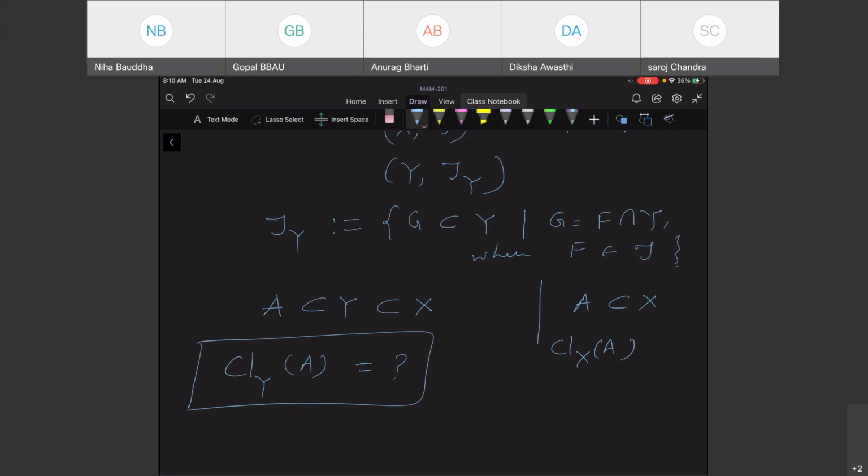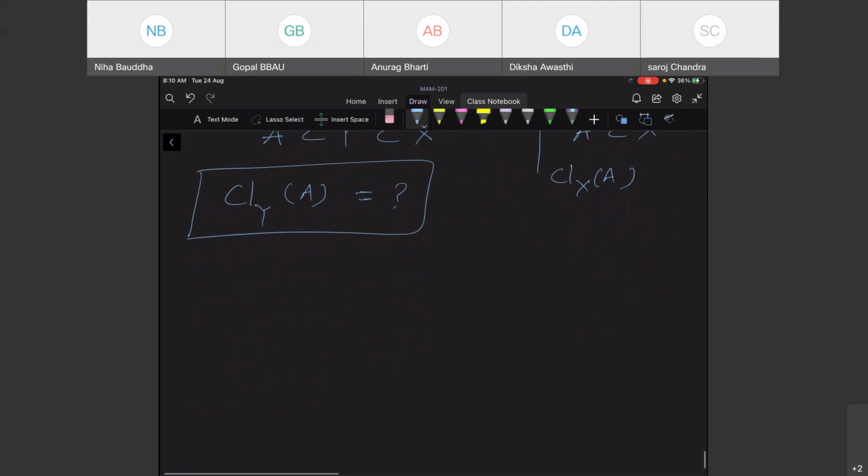This is a new task. Can anyone guess how we could define this?